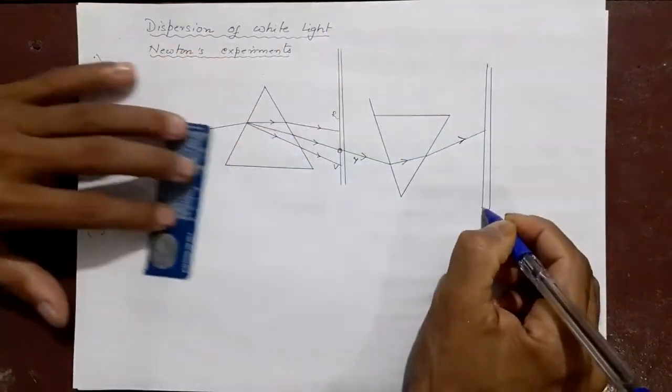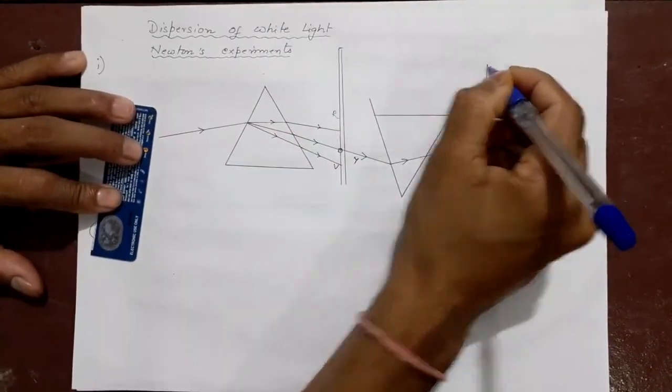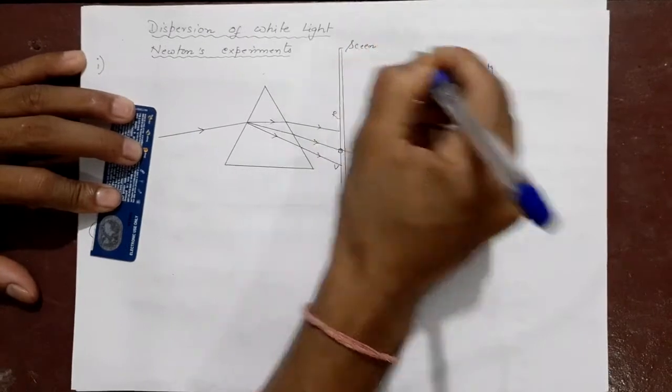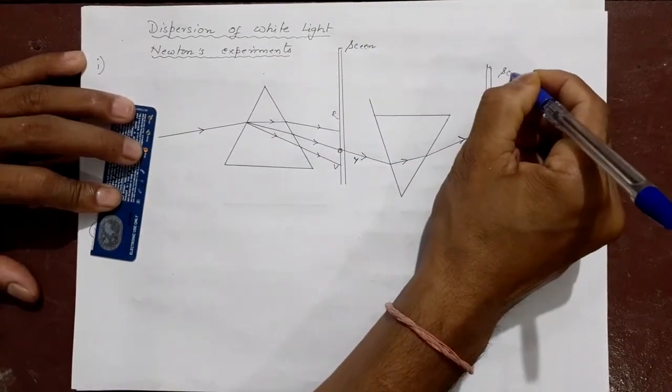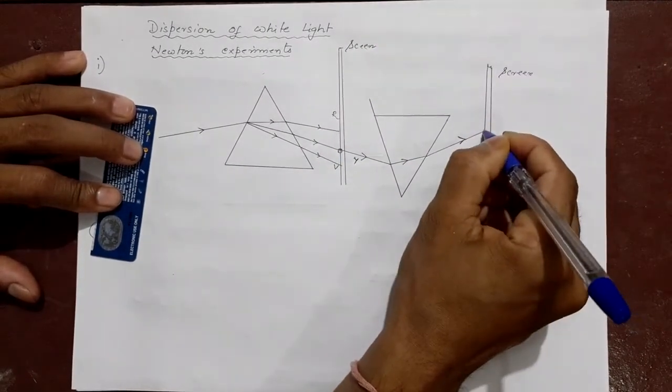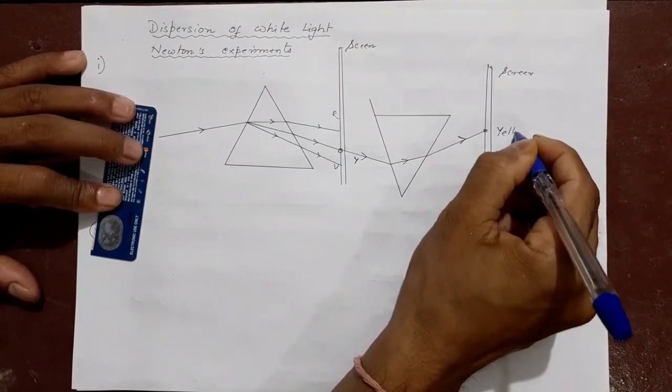In the screen, this is screen, this is screen. Here he found it is yellow in color.